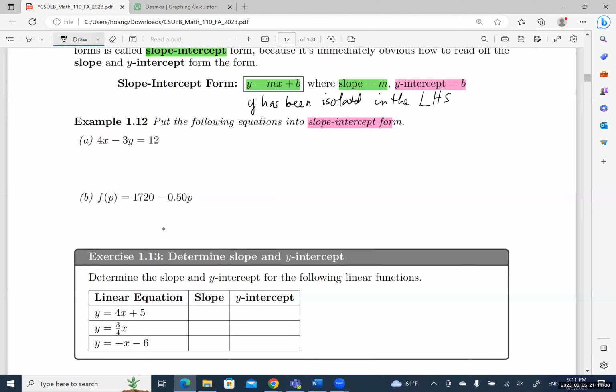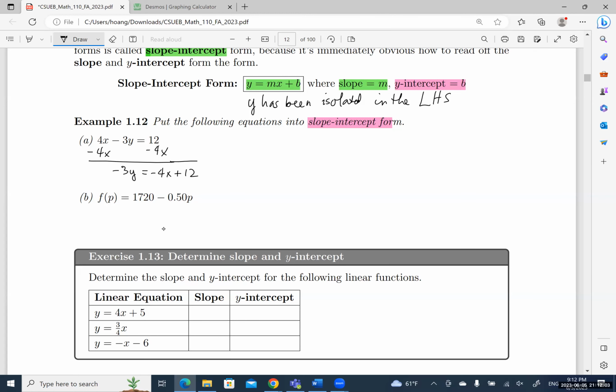Okay. So let's start with moving the 4x to the other hand side. So that's minus 4x both sides. If I minus 4x both sides, I have negative 3y, and I'm going to have negative 4x plus 12 here.